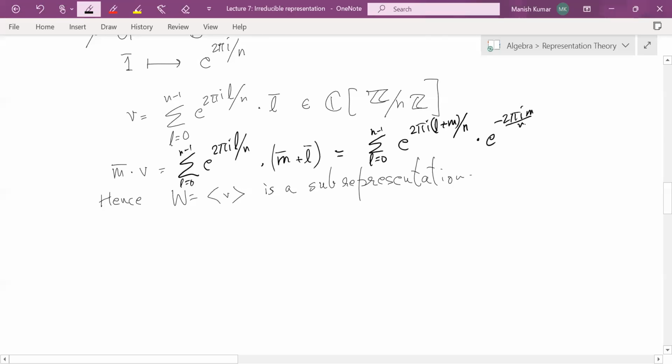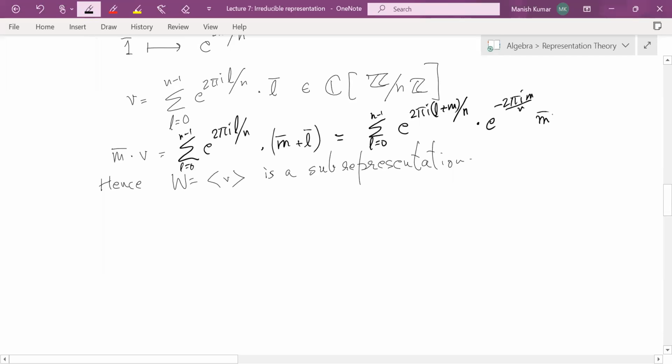This factor doesn't depend on l, so we can pull it out. It's just e to the power minus 2 pi i m over n, where m is some representative in the integers whose image is m bar, times v.